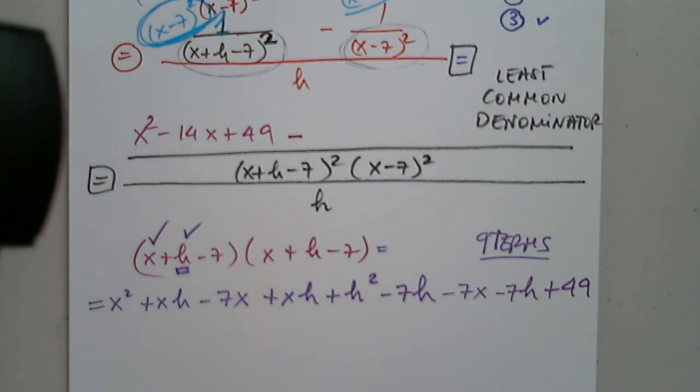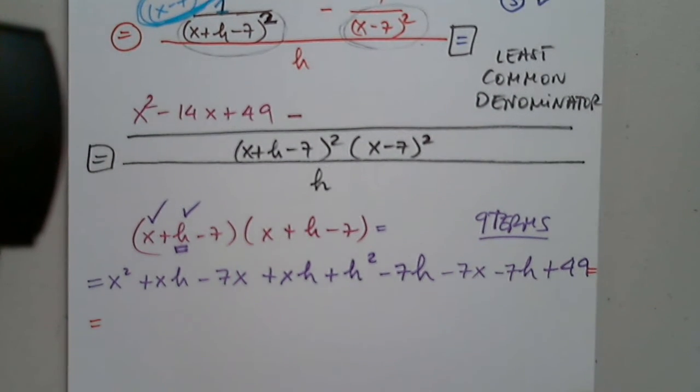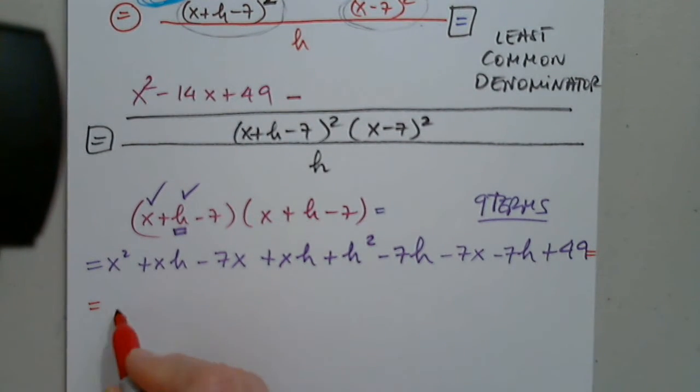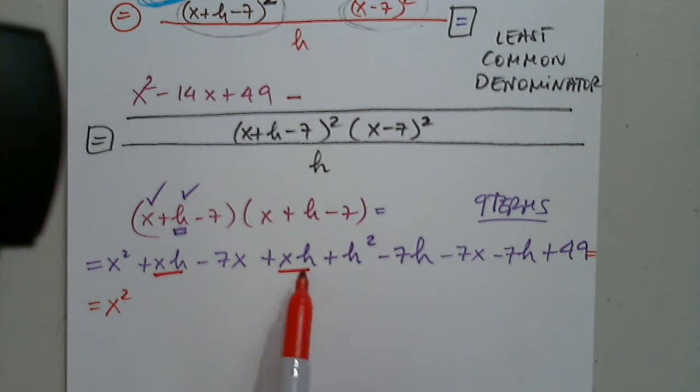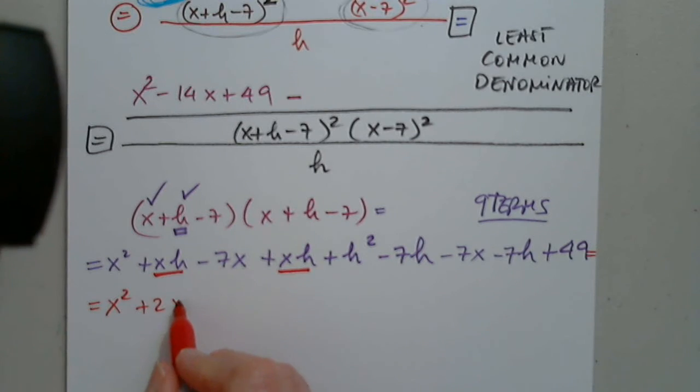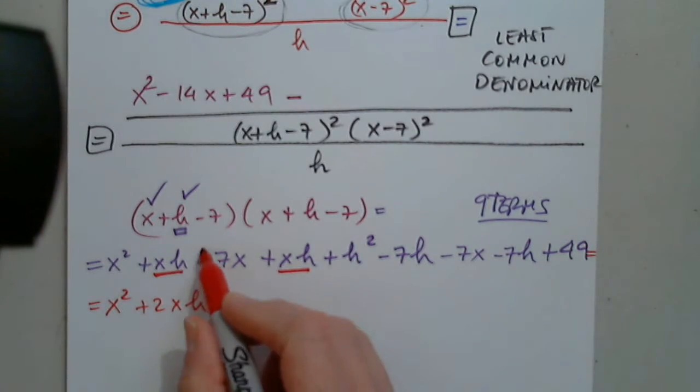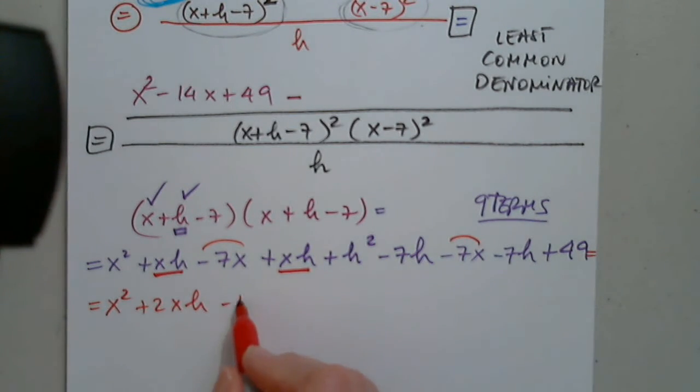I hope I can clean this up a little bit. So let's see what we can do here. So we have x squared is by itself. Now I see 2 of these, so plus 2xh. I see 2 of these, so minus 14x.